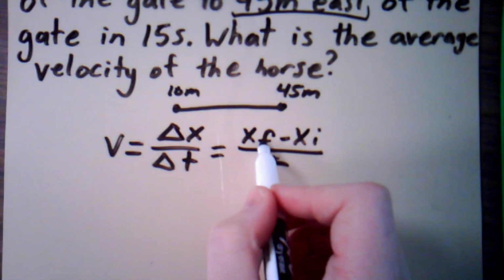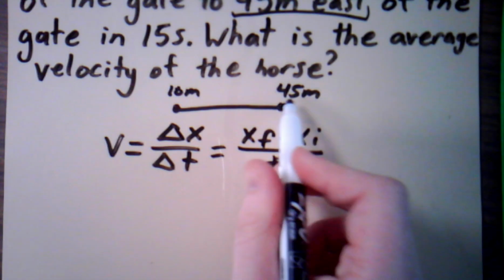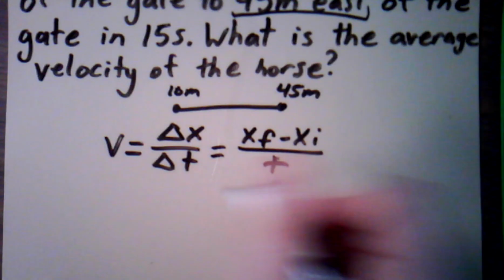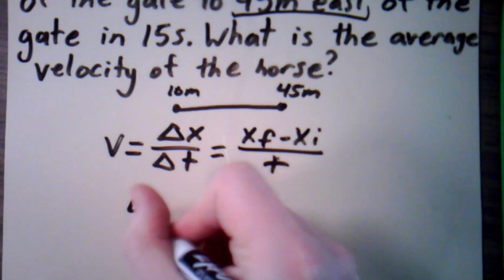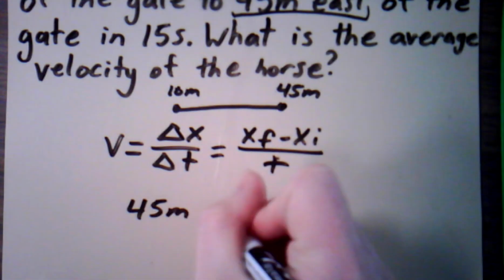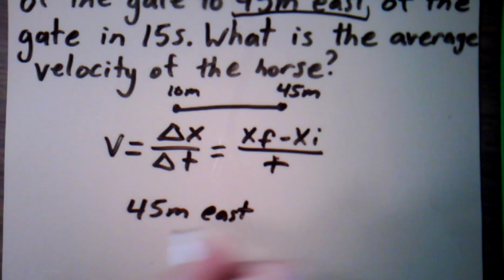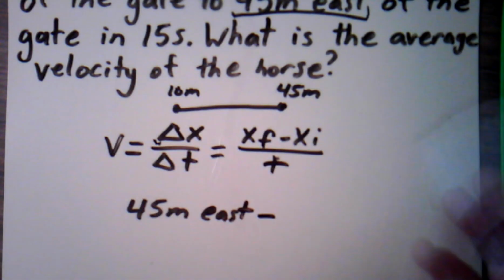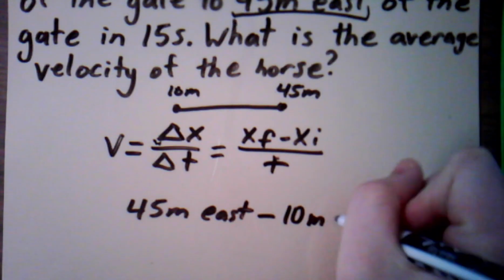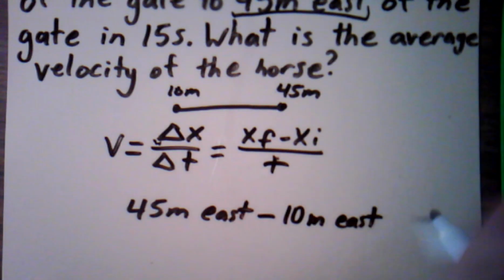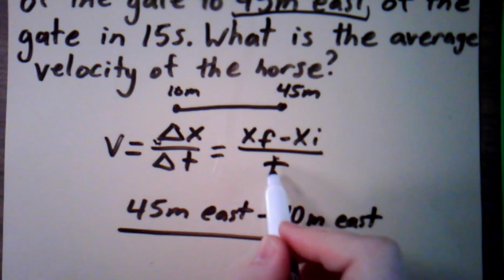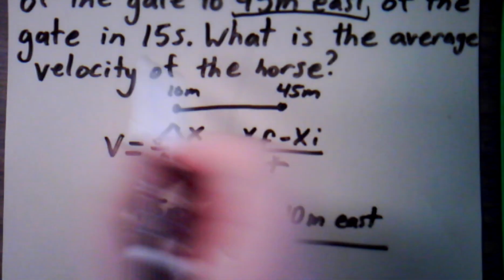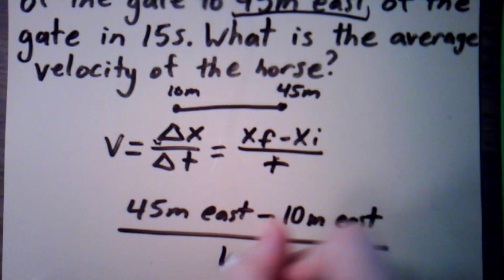Our horse's final position is here at 45 meters east. So, we got 45 meters east minus, now we got our initial position, which is at 10 meters east. All of that is over time. And our time is 15 seconds.